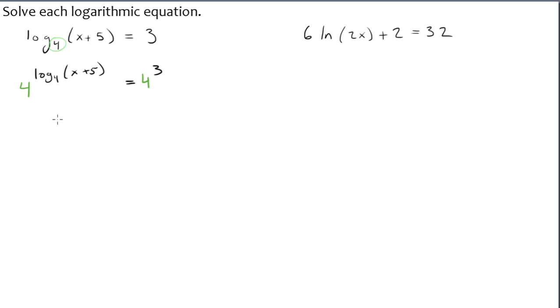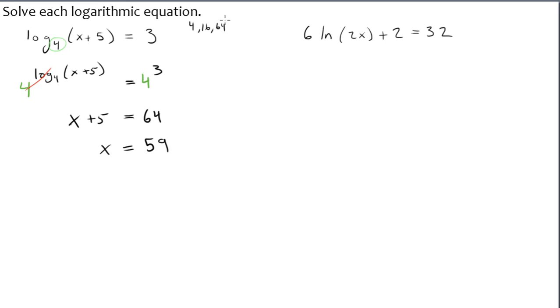So 4 to the log base 4 of x plus 5, which reduces down to x plus 5, is equal to 4 cubed. So let's see here: 4, 16, 64. And then x is equal to 59.